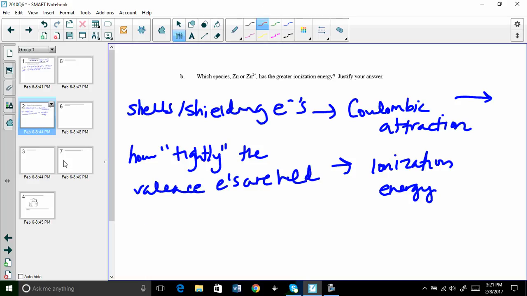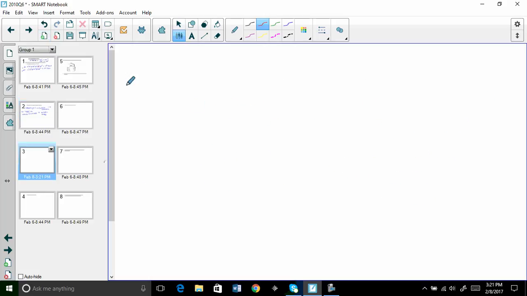So when I go to do this, I'm actually going to add a new slide right here, blank. Now, please don't look at the scoring guidelines online. Even though this problem is from 2010, they changed in 2013 how we're supposed to teach this.